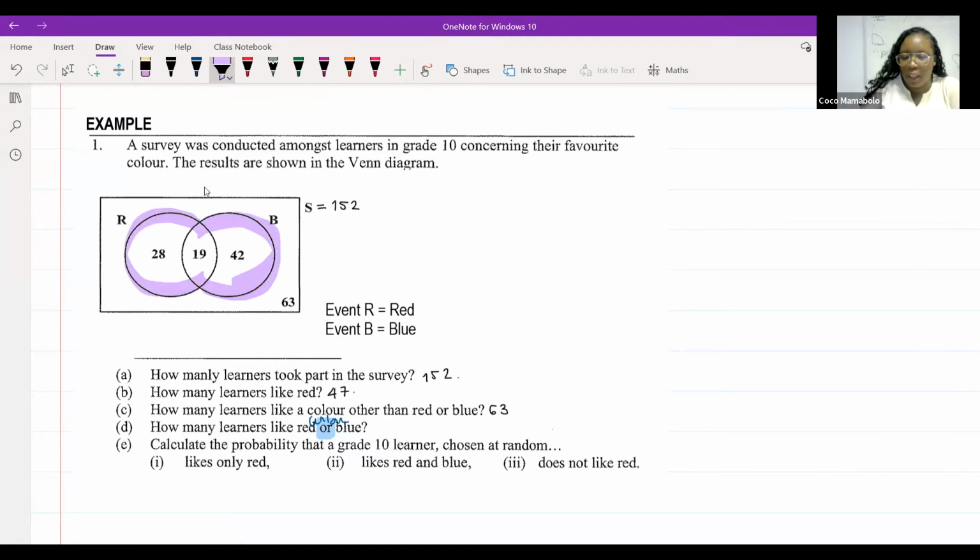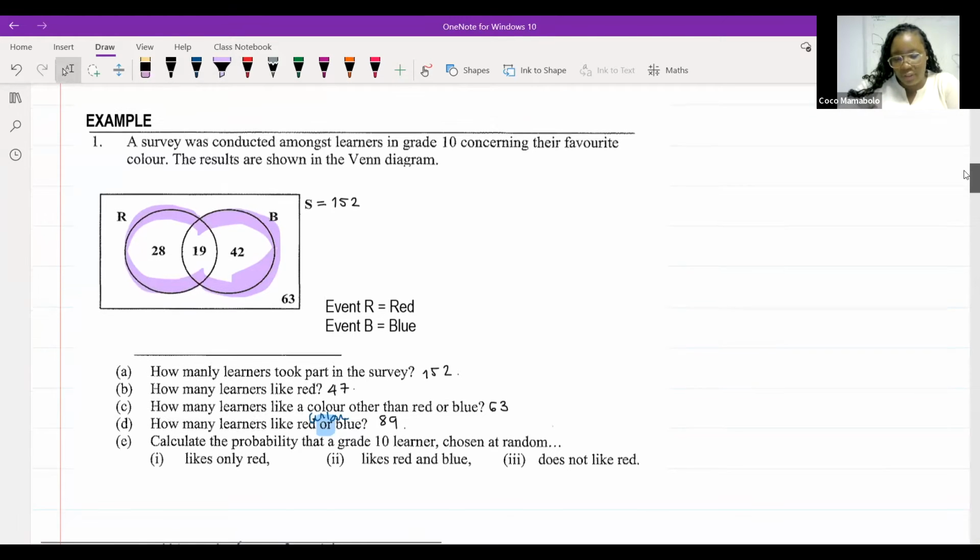The way we find that is by adding all of these numbers together. If you like red or blue, we count all of these, and it gives us 89.